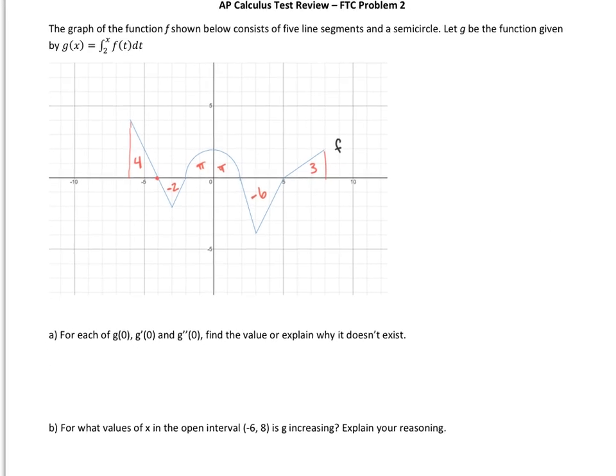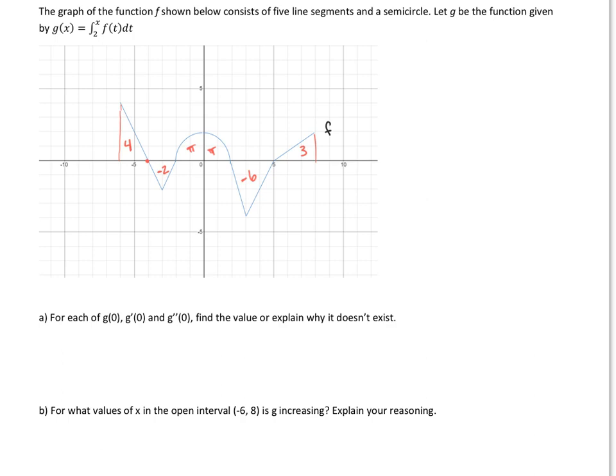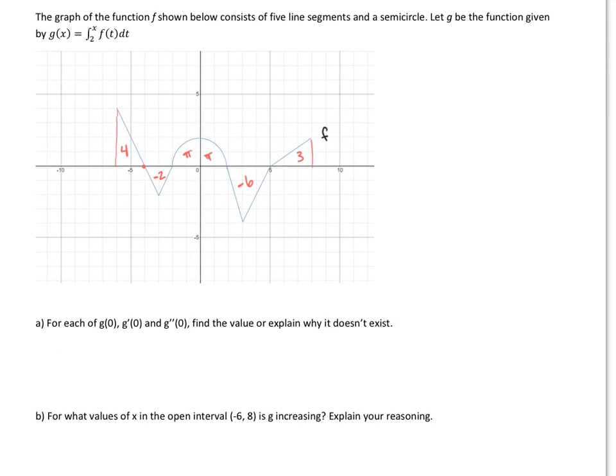I'm going to slide this up just a teeny bit here. So we know that g of x is equal to the integral from 2 to x of f of t dt. We're starting at 2, that's our starting point, and we don't have any other initial conditions, so we can go with this.